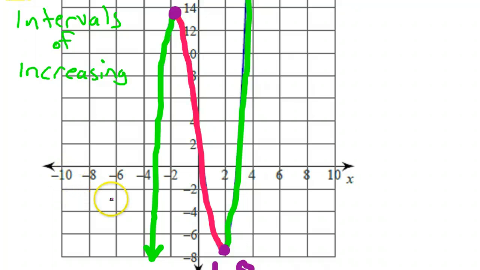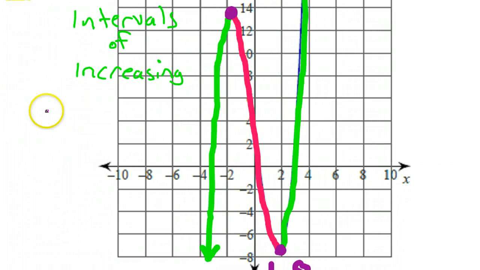Hopefully you can see that this graph is going to go to the left forever. Yes, it's going down, but we're talking left, right. So this branch, as it goes down, it's also drifting to the left. And it goes left forever.